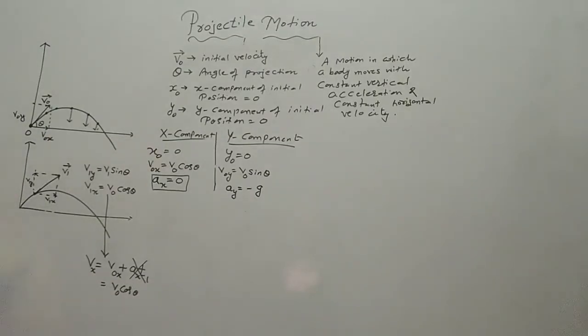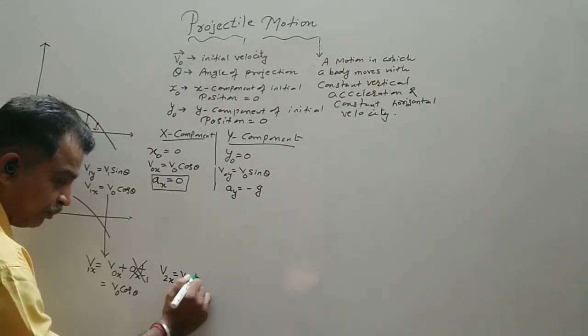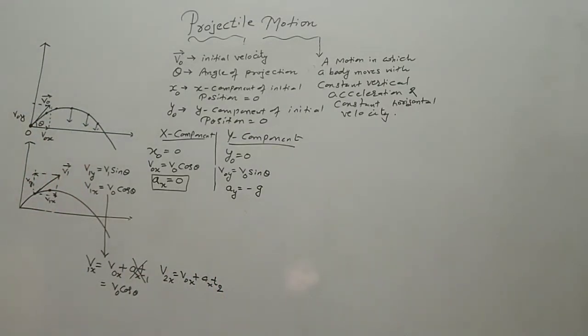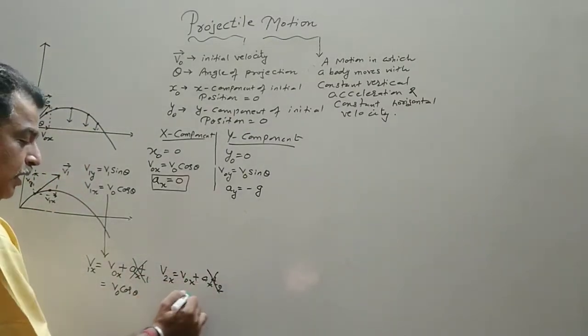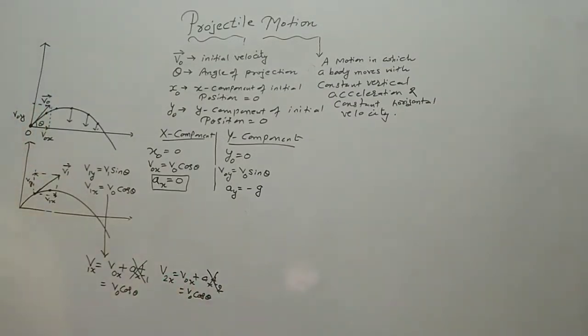So at any instant, whether it is v1x or the body is at this point, suppose you have to find out the velocity at this point. Say this is a second instant, this is the first instant. Again I will write the equation v2x is equal to v0x plus ax t2, where t2 is the time for the second instant. Again this term gets cancelled. So again and again the value along the horizontal comes out to be v0 cos theta.